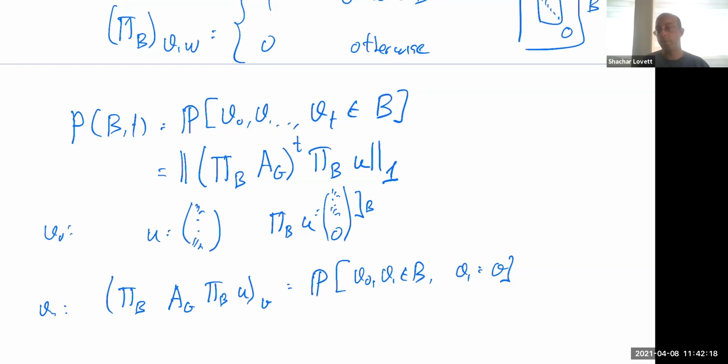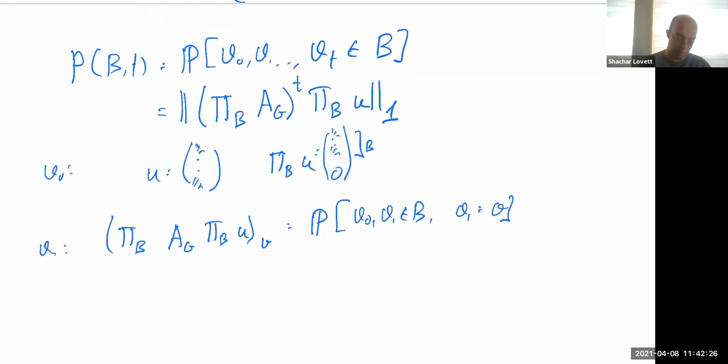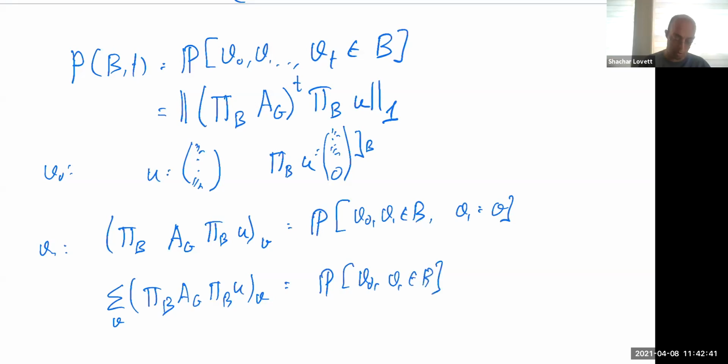Notice here this does not sum to 1 because we also look at the probability that V0 and V1 are in B. If we sum it up, over all V, π_B A_G π_B U, that's exactly going to be the probability of V0 and V1 being in B. And this is exactly the L1 norm, right?